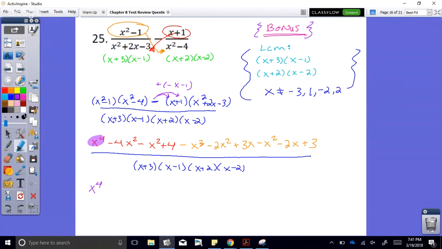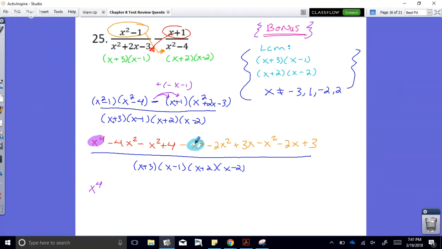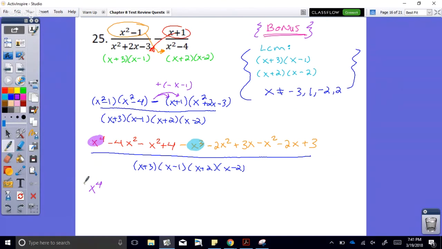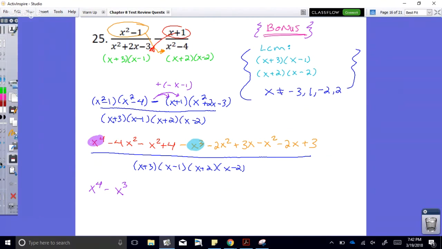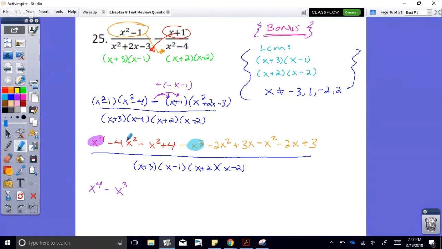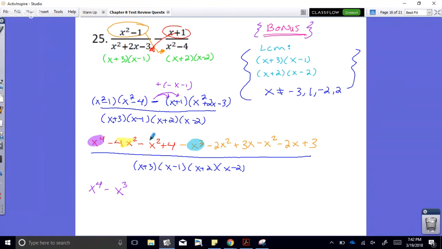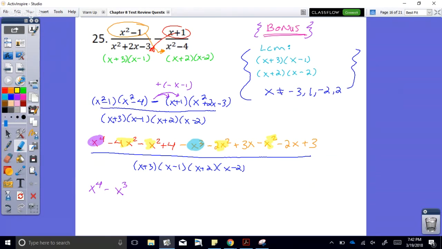And then I have a negative x to the 3rd. And then having negative 4x squared minus x squared, which is negative 5x squared, minus 2x squared, which would put me at negative 7x squared, minus x squared, which would put me at negative 8x squared.